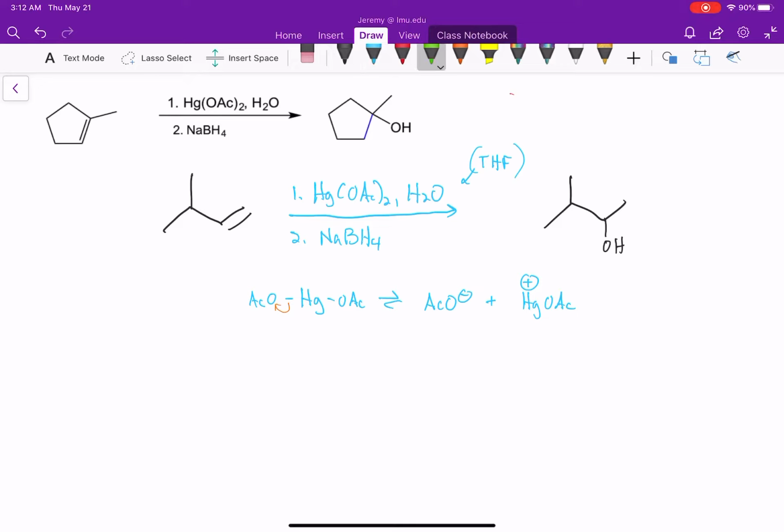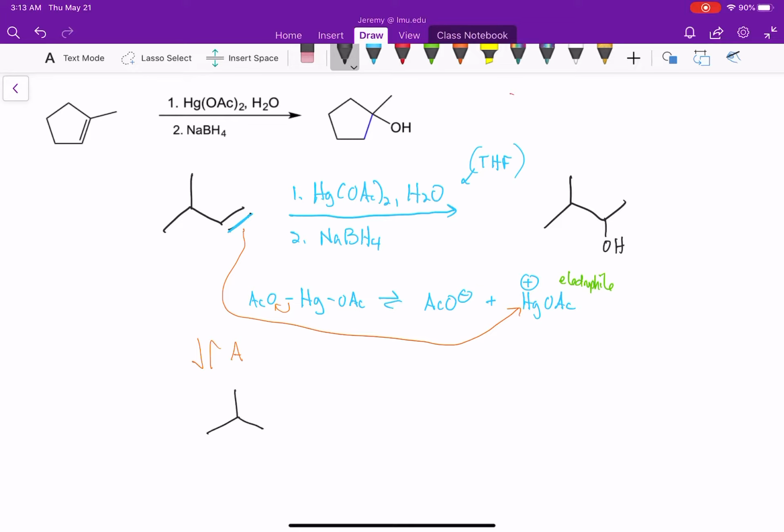Because this has a plus charge, that mercury is going to want to form a bond. We can think of this as our electrophile, all right? We know that the pi bond, these electrons are nucleophilic, right? They want to attack something, and that's what happens here in our first step. The pi bond is going to break and attack the mercury.